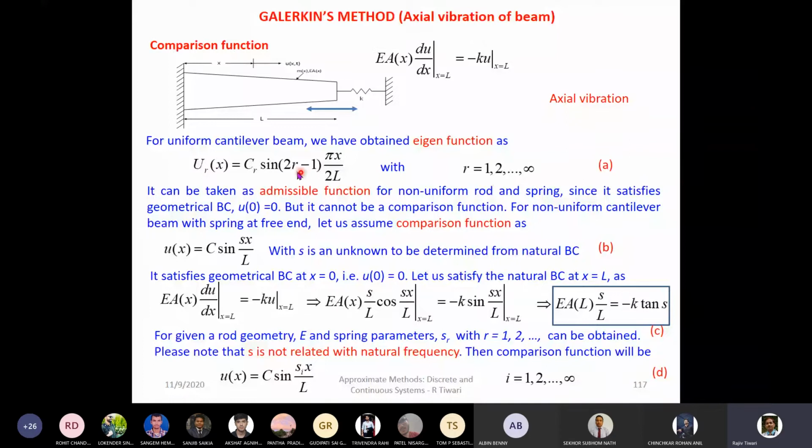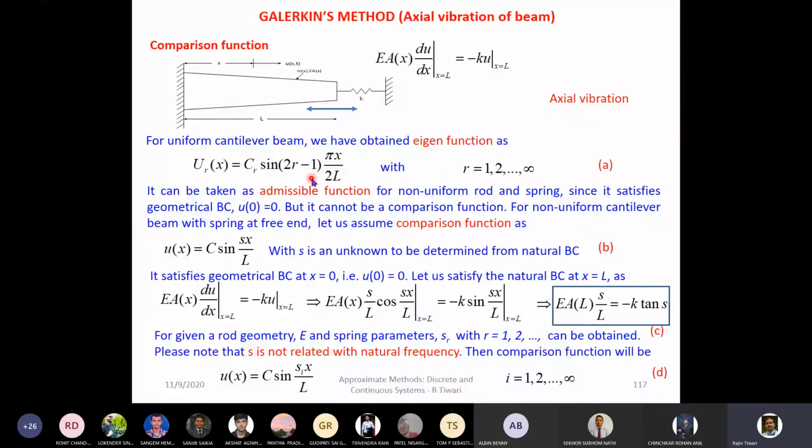For all even values of this, we have this term 0. So only the odd values of this, because if we put r as 1, 2, 3, this becomes odd, and that is the eigenfunction we obtain for the uniform cantilever beam for the axial vibration.